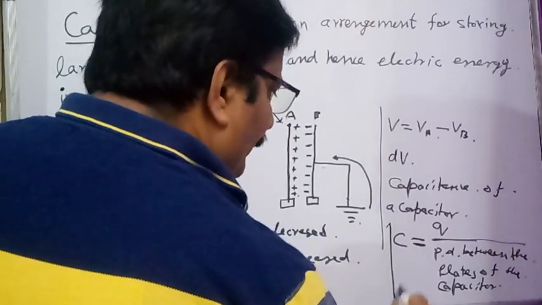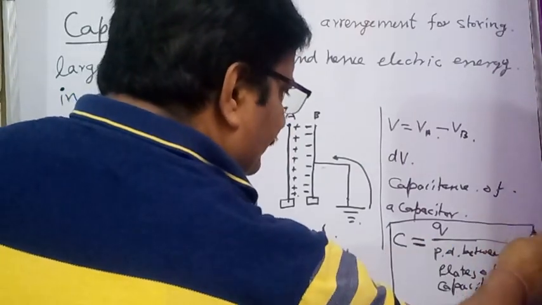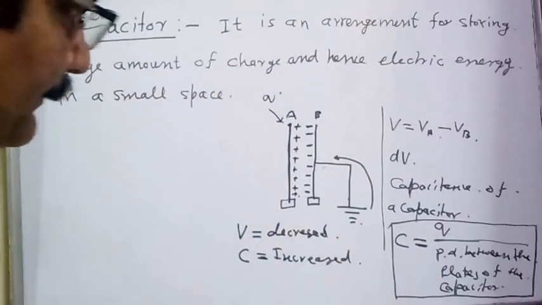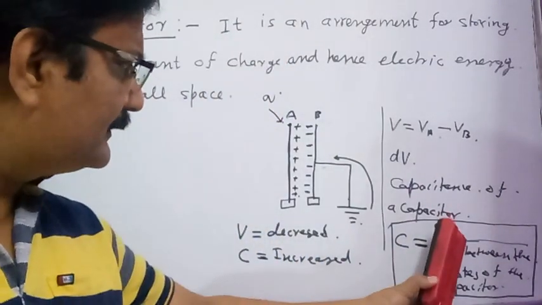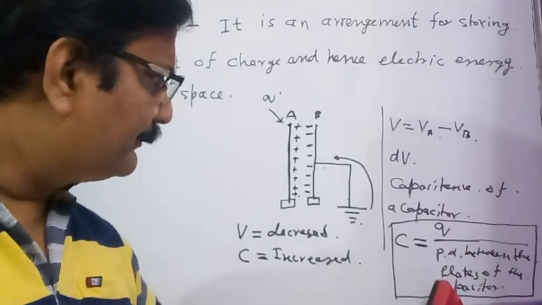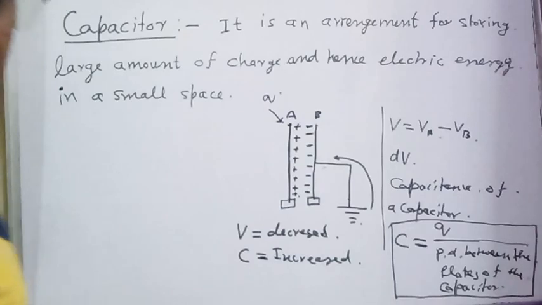This is the formula to calculate the capacitance of a capacitor: the charge given to its plates divided by the potential difference between the plates.